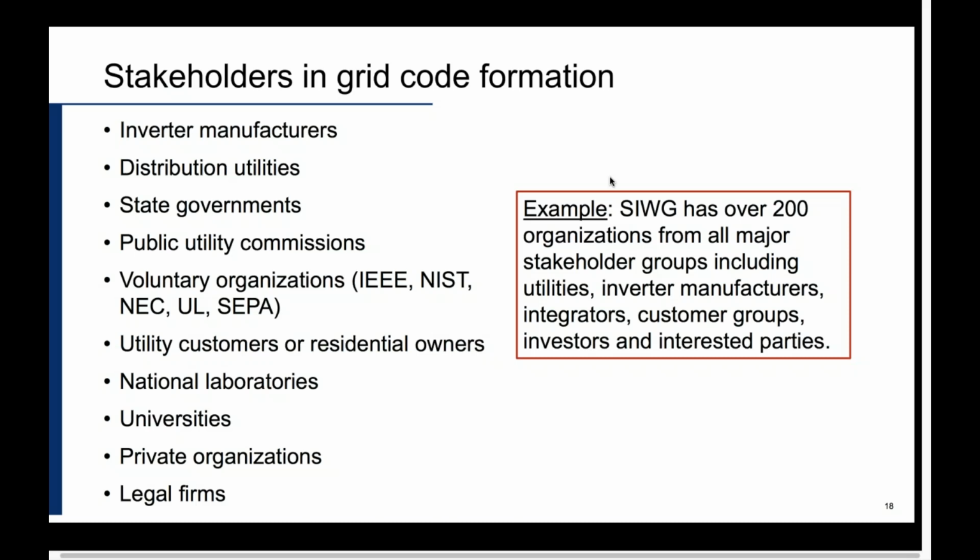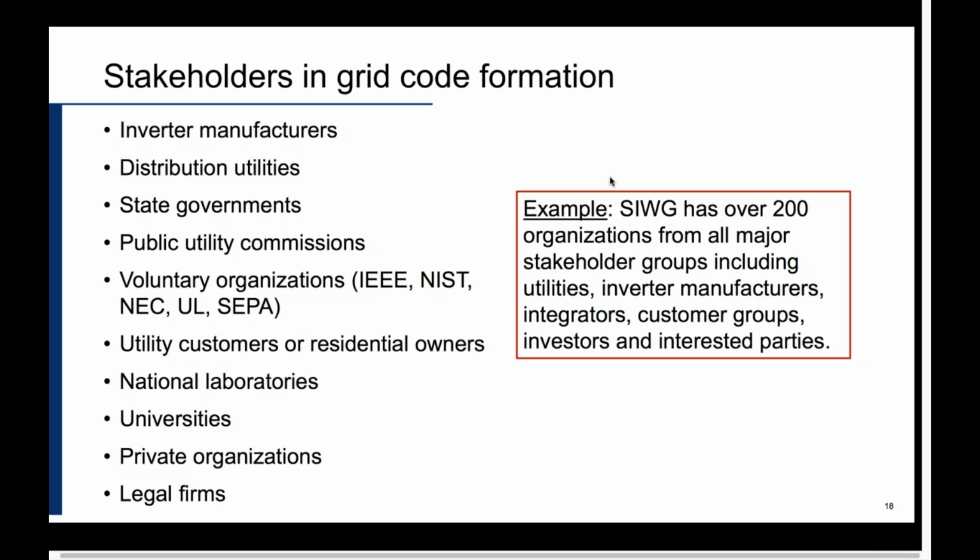as public utility commissions. Along with all these, voluntary organizations such as IEEE, NIST, National Electric Code, Underwriters Laboratory, there are numerous to keep mentioning. All these voluntary organizations should somehow get the funding and should push this momentum in the direction that helps the nation. On top of all this comes the consumers.